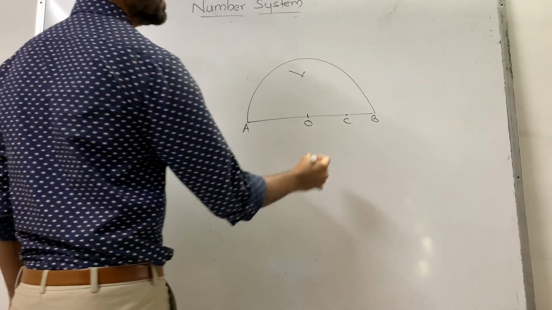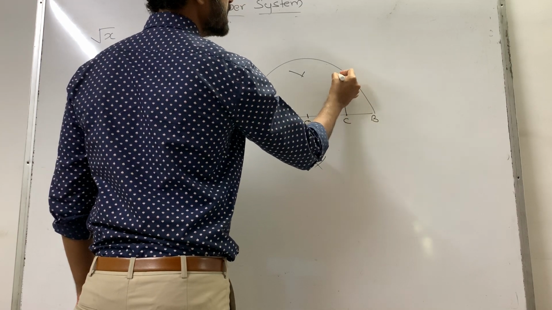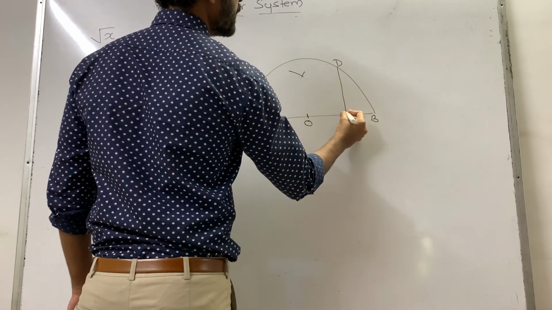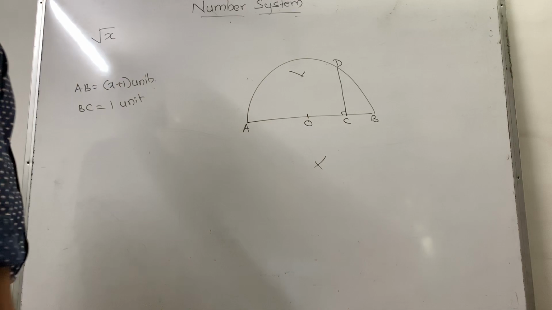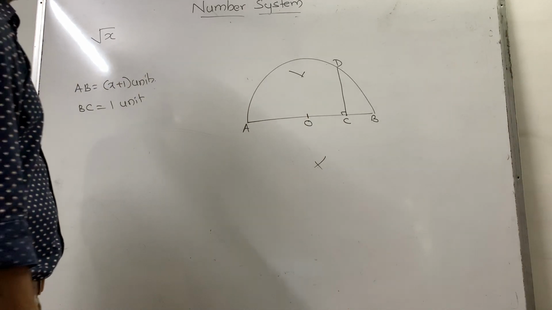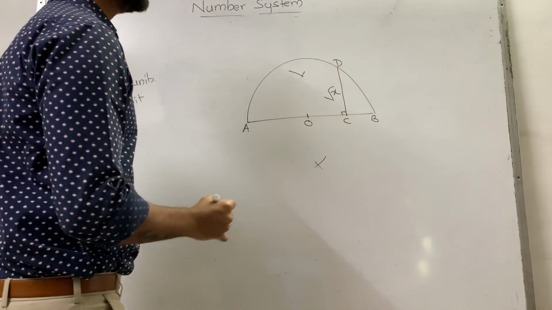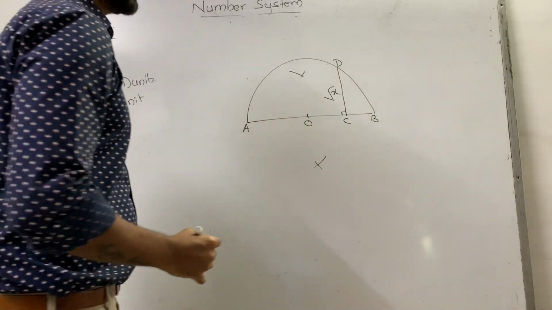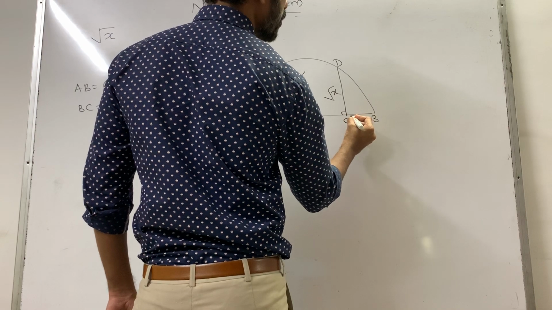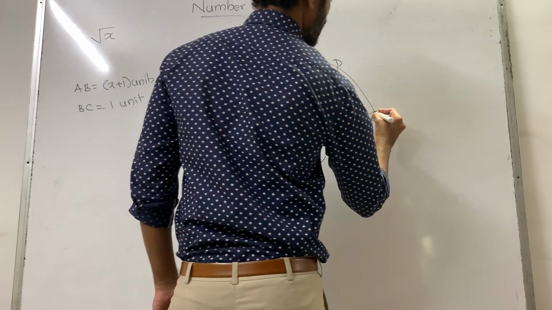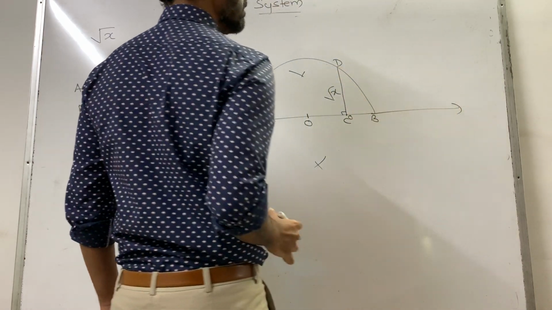In the next step, construct CD perpendicular to AB. So this CD will be equal to root x. Now, let's say C is the origin, this is 0, and you want to locate root x on the number line.